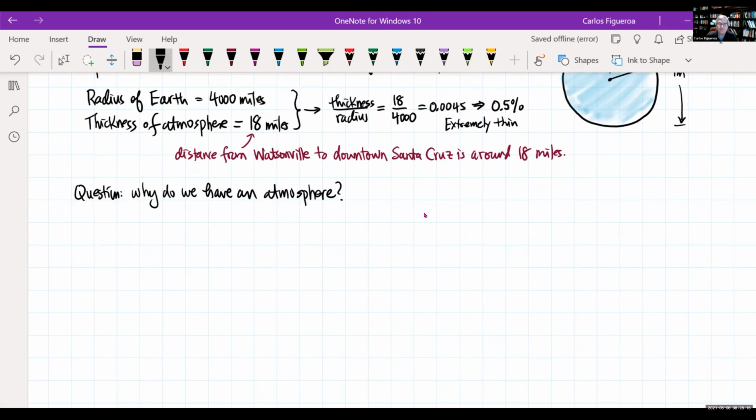Right? Why do we even have an atmosphere? And the answer to this turns out to be two things. So there are two pieces to this. The first one, it turns out, is the sun.